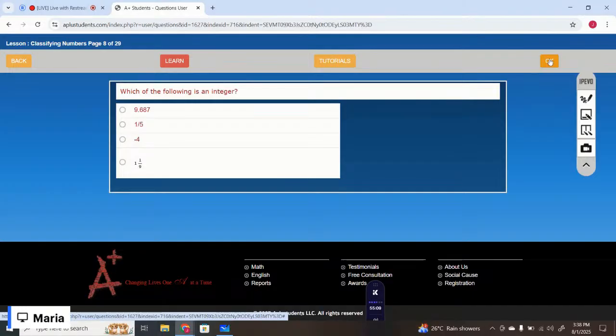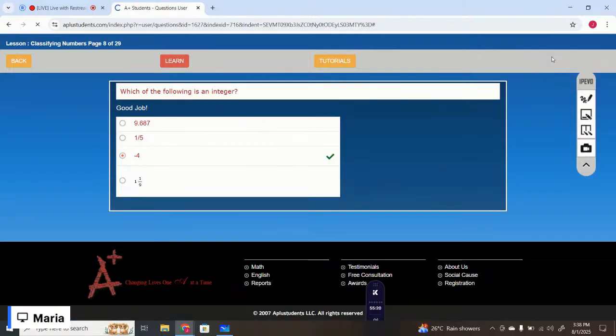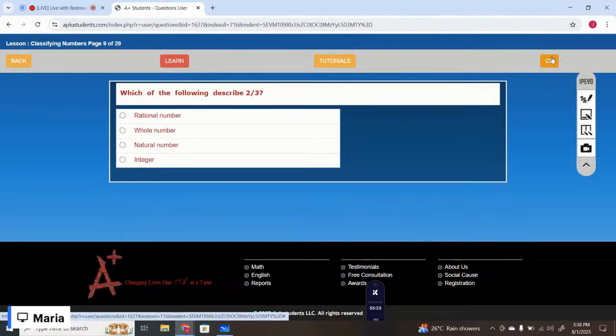Which of the following is an integer? Negative 4 is an integer. Option number 3 is the correct option. Which of the following describes 2 by 3? Rational number it is.